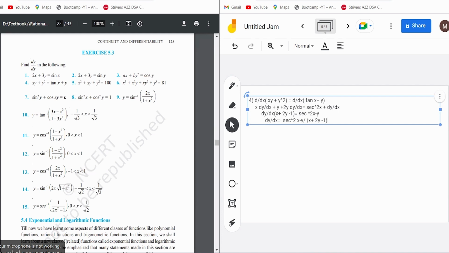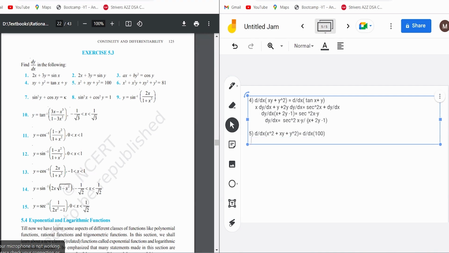So question is simple, you have to just jot it down and solve the answer. So let's move to next question, question number 5. Again same thing, d by dx of x square plus xy plus y square equal to d by dx of 100.